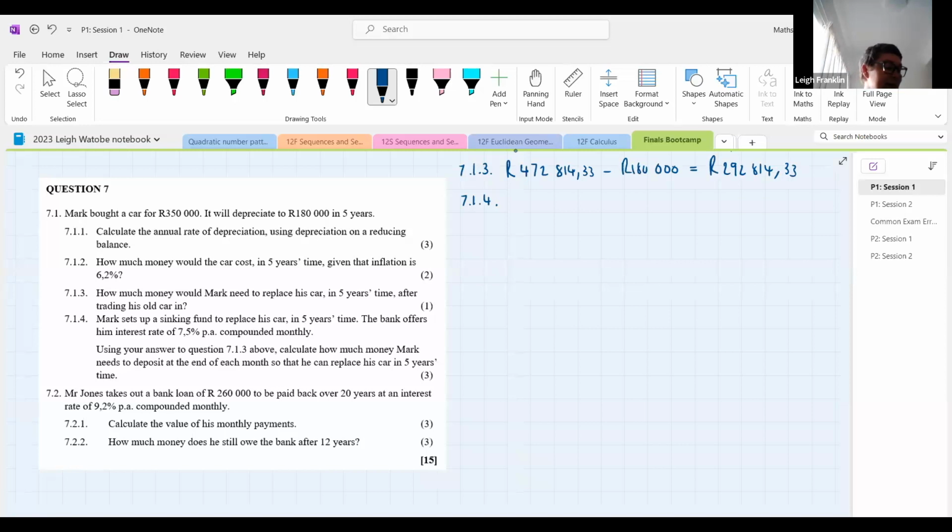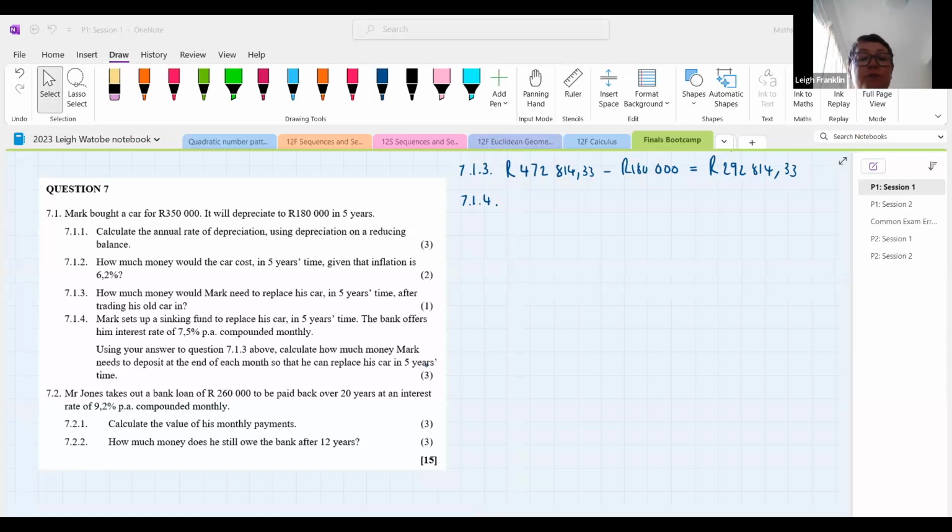So a sinking fund is a way of saving money every single month so that you can replace something in the future, right? So when a question involves a sinking fund, they want you to use the future value formula. It's very important in financial maths that you use the correct formula, because if you don't, you're not going to get the right answer.